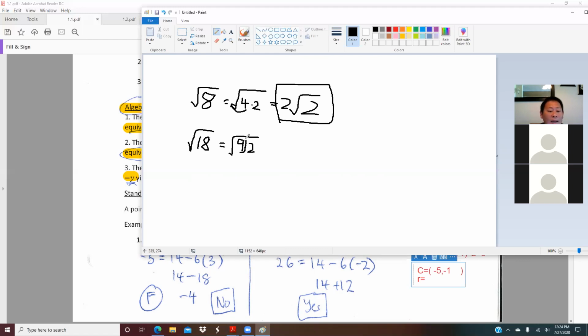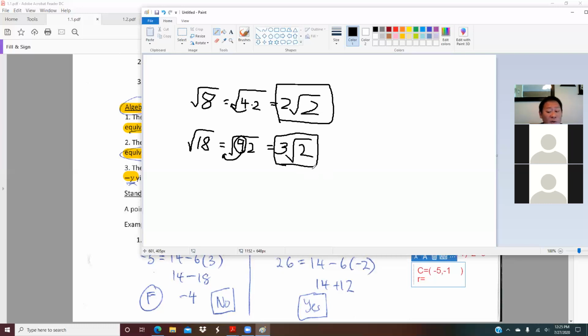And 9 is a perfect square. So what is the square root of 9? 3, yep. And what still remains inside is your 2. So your answer in this case is 3 square root of 2.